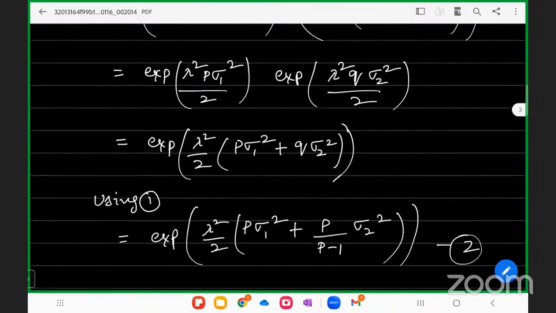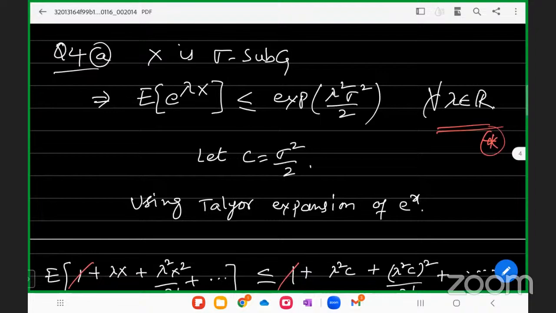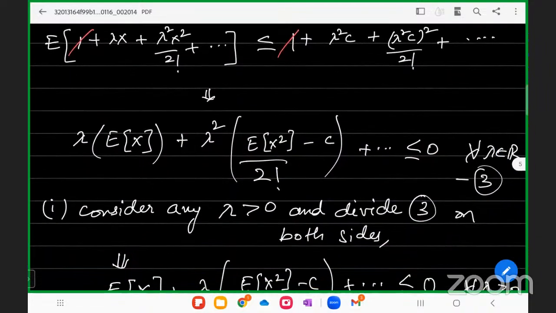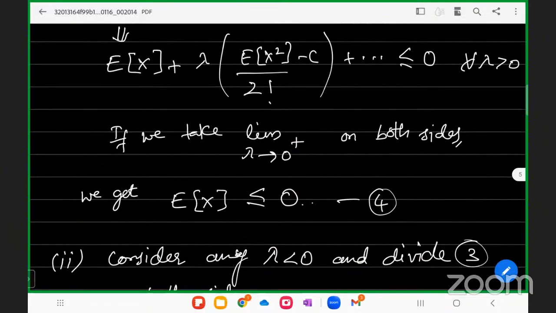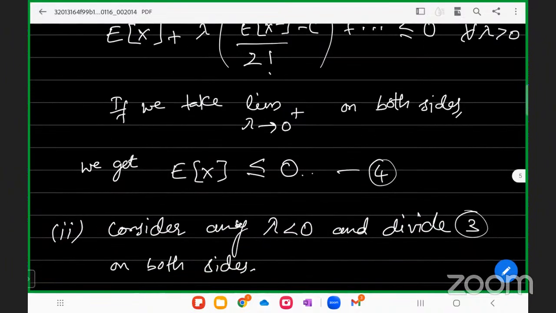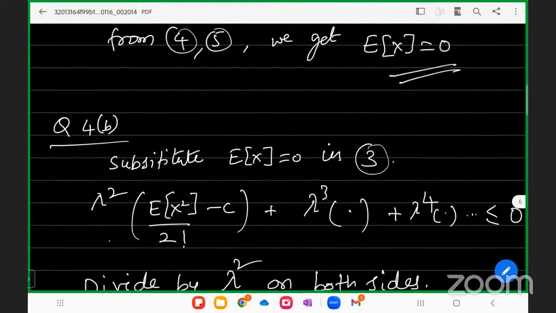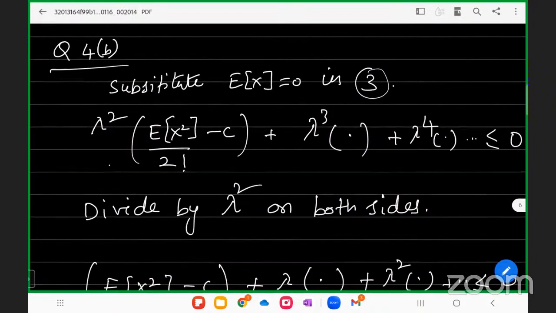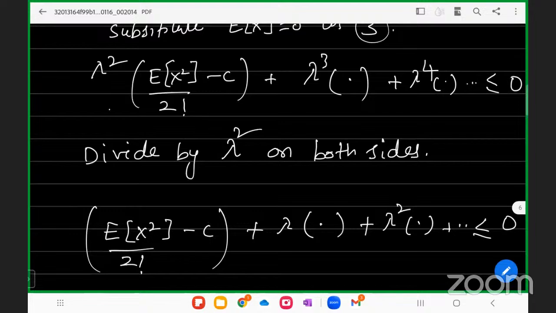Okay, next page. The next page we have this part, for the variance. You divided by lambda square here, and then in the next part you set lambda to be 0.